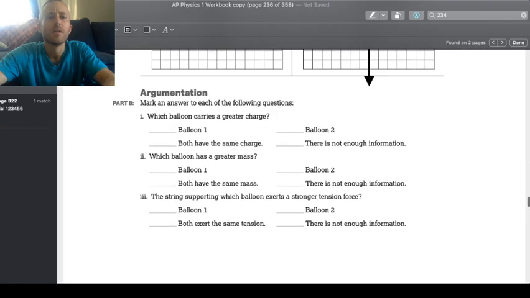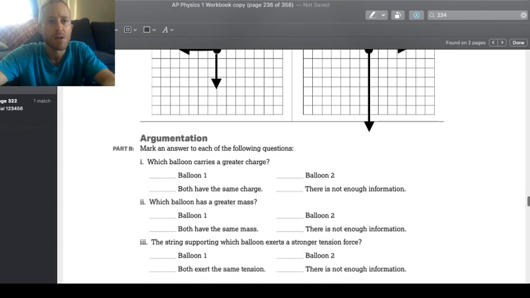Okay, mark an answer to each of the following questions. Which balloon carries greater charge? I would say that there is not enough information. Why is that?